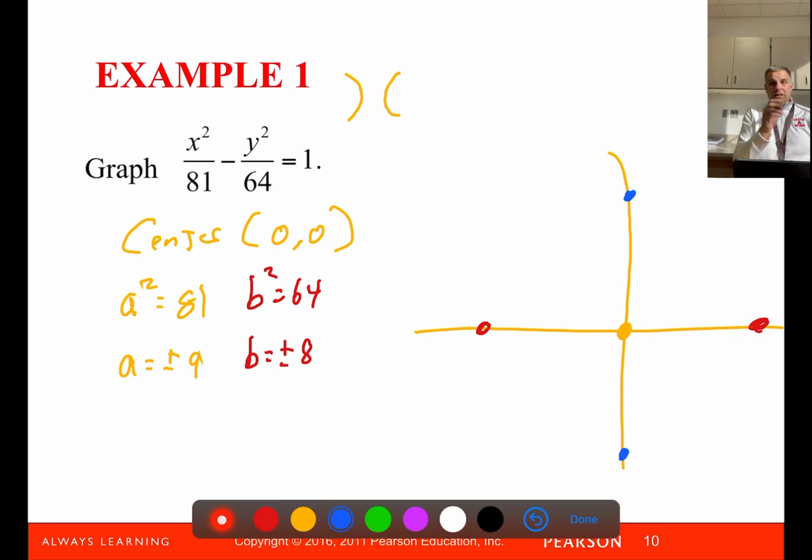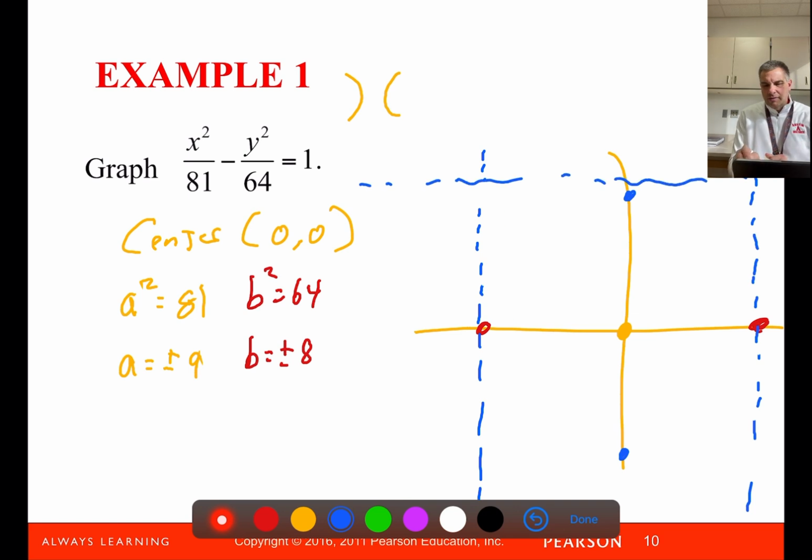Now, if we were just doing an ellipse, we would just do this thing, but we don't do that with hyperbolas. With hyperbolas, what you're going to do, and it's kind of the cheating way to do it, but it works, you're going to go ahead and draw vertical lines through your x points, and you're going to draw horizontal lines through those.